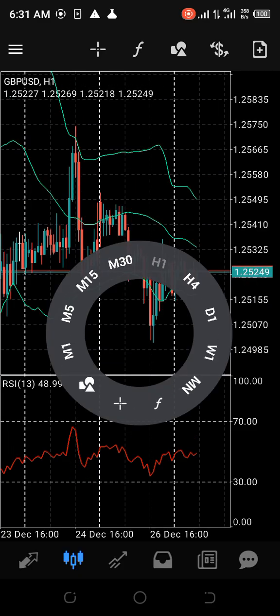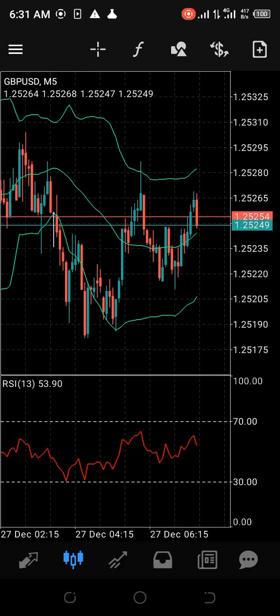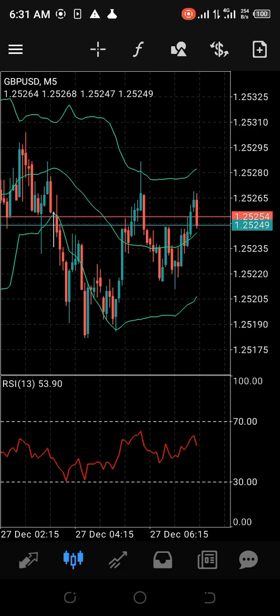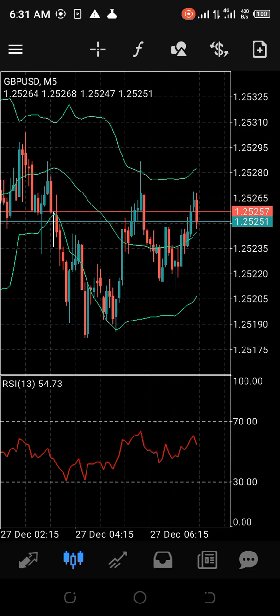Before you take a trade on the 5 minute time frame, you have to be sure that the higher time frame is in an uptrend. You have to be sure that on the 1 hour time frame the market is trending up, or on the 30-minute time frame the market is trending up.